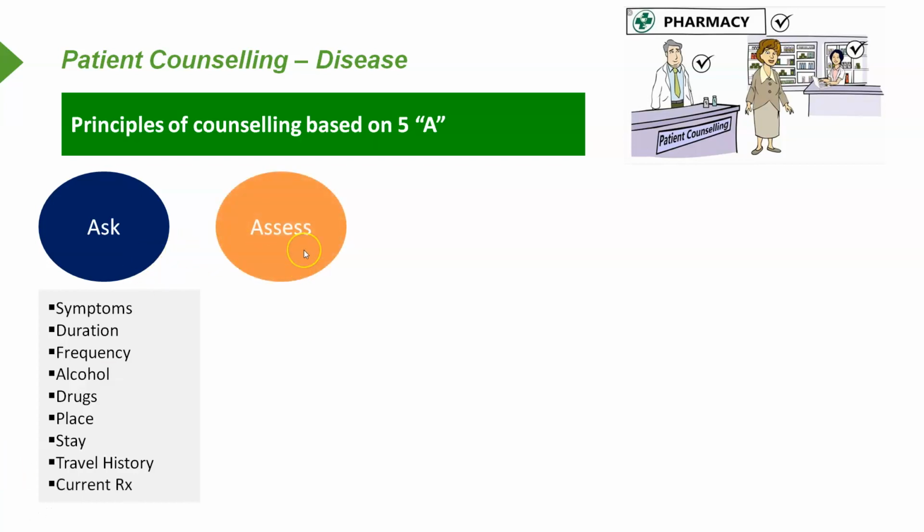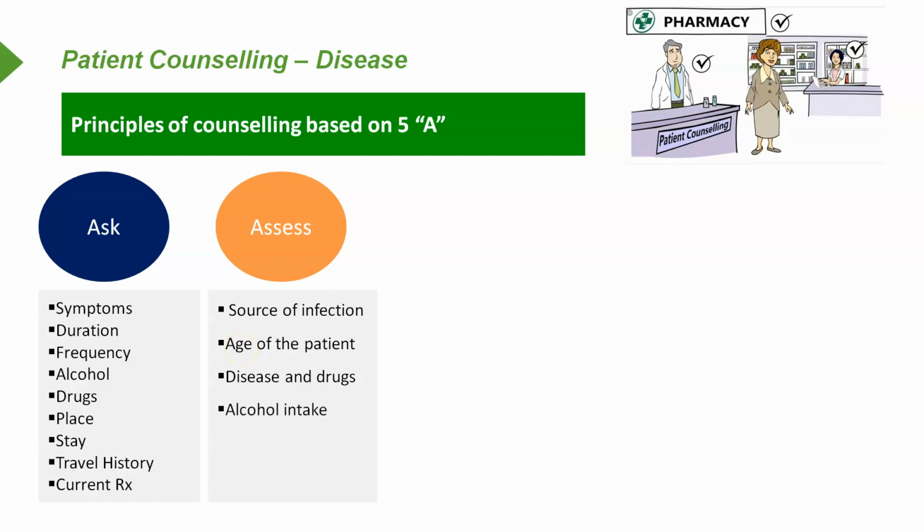Next would be assess. How do you assess? You assess by asking questions about the source of infection, the age of the patient, and the patient's understanding of the disease and drugs. Then whether the patient is an alcohol consumer, I mean whether alcohol intake is done by the patient or not.